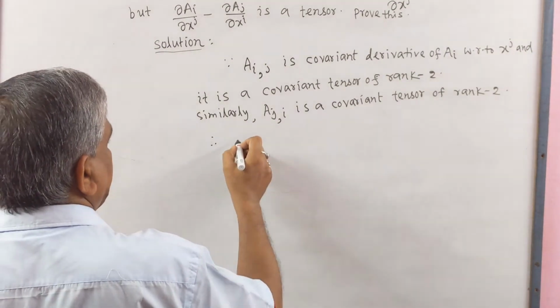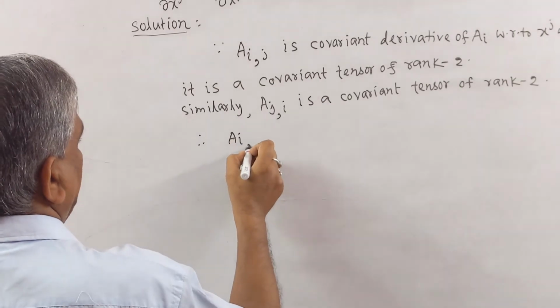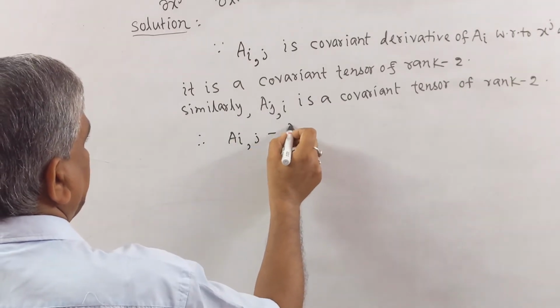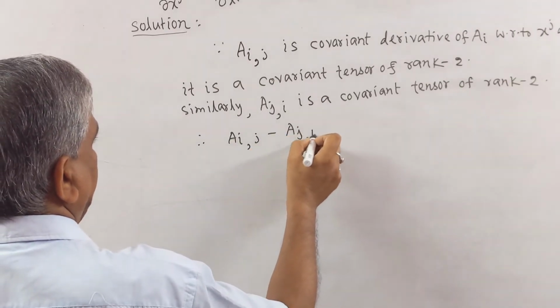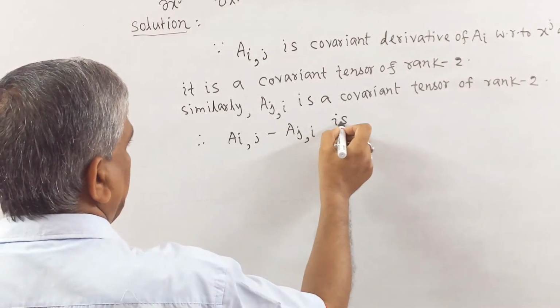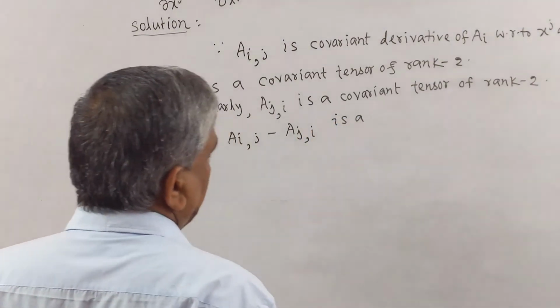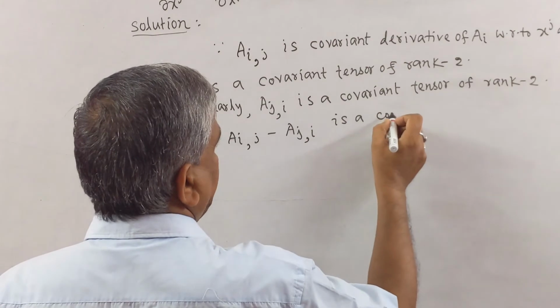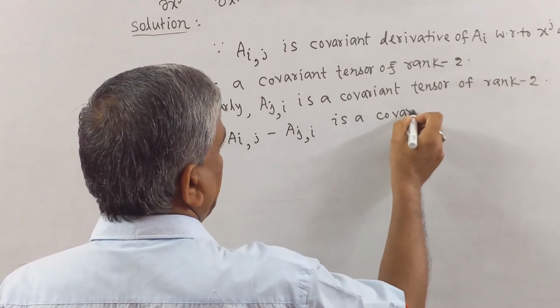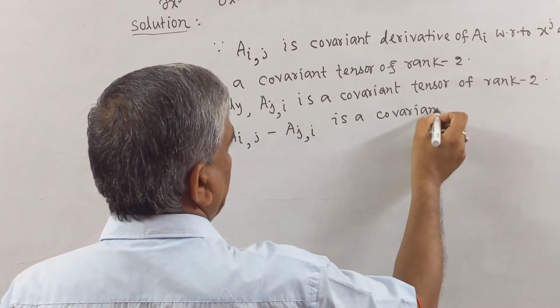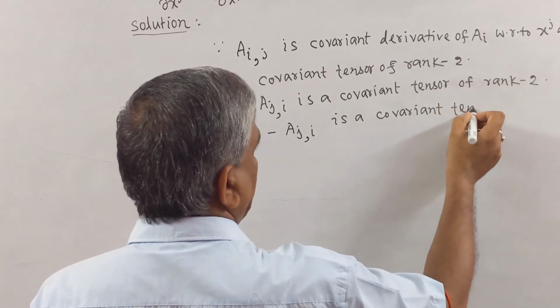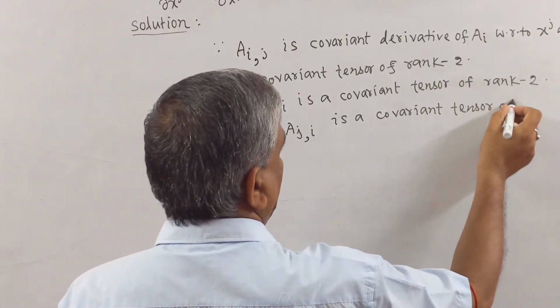Therefore, the difference a_i,j minus a_j,i is a covariant tensor of rank 2.